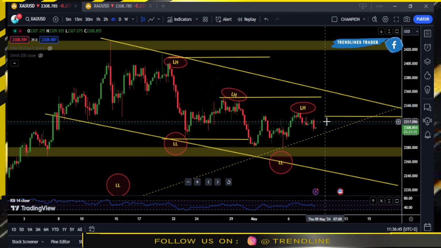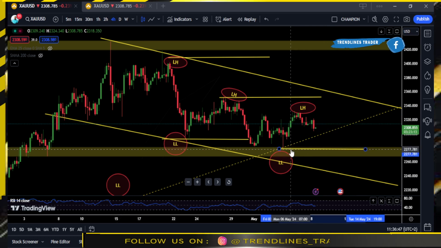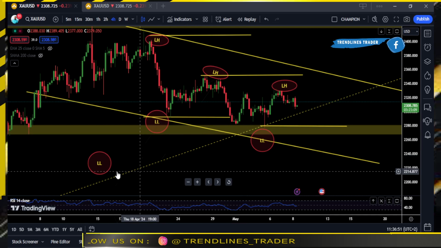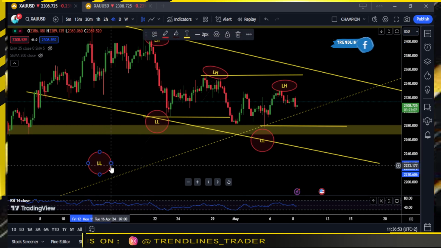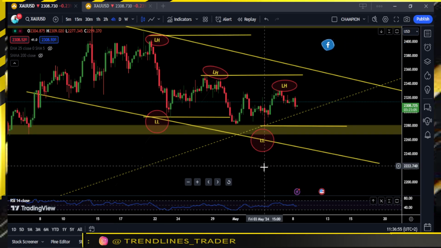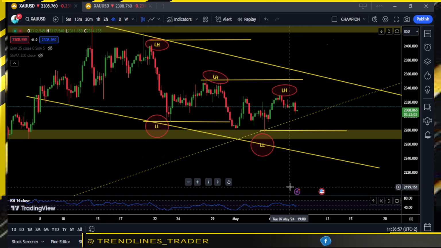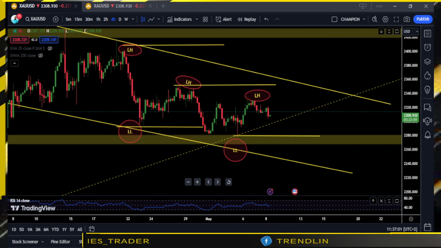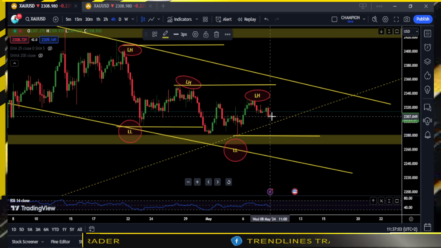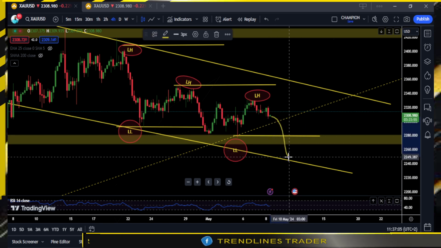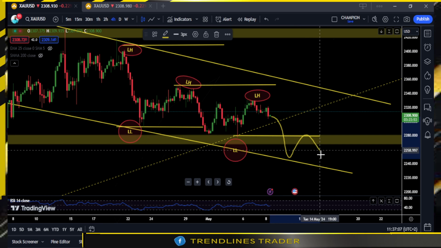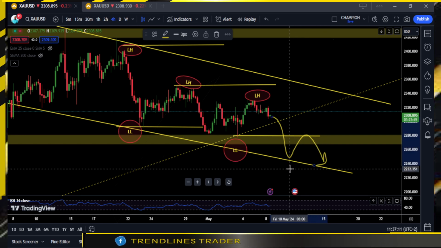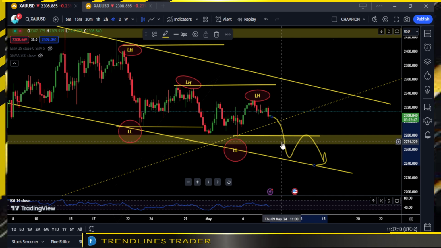Up until the price manages to break this area, that's when we can say the price is still pushing towards the downside. If the price pushed towards the downside and broke this area, we will continue with our selling positions.